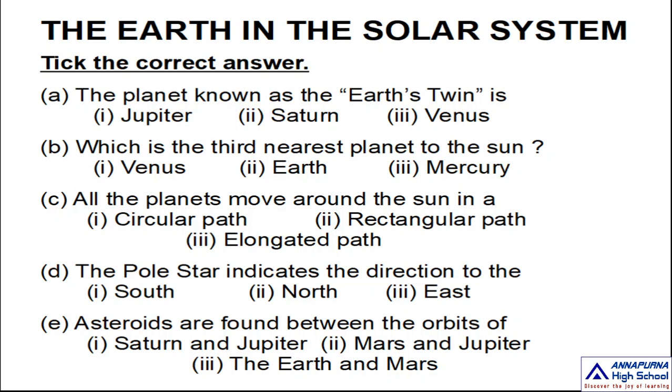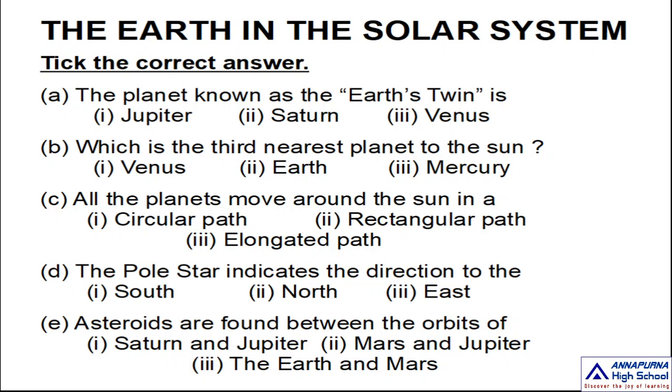This sentence explains all the planets in order of distance from the Sun. M for Mercury, V for Venus, E for Earth. Here, what is the question? What is the third nearest planet? Now you say. Yes, Earth. Earth is the correct answer. Tick the Earth.